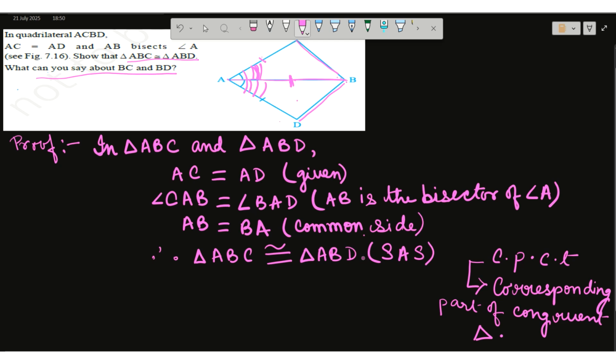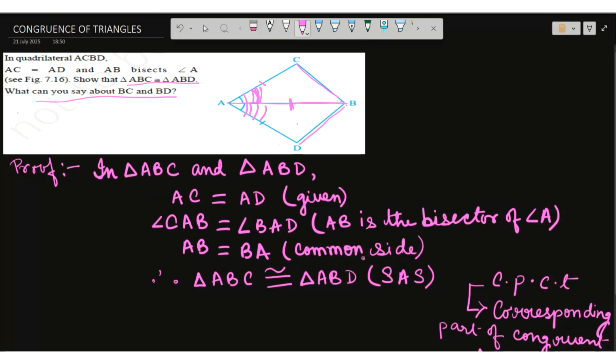The sides BC and BD are the corresponding parts of these two congruent triangles, as we can see in the diagram.